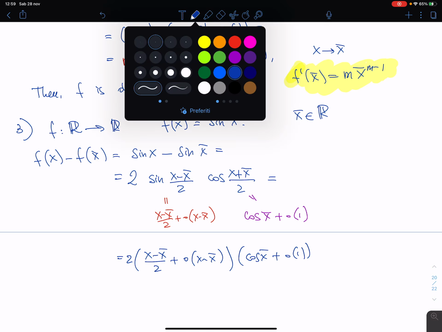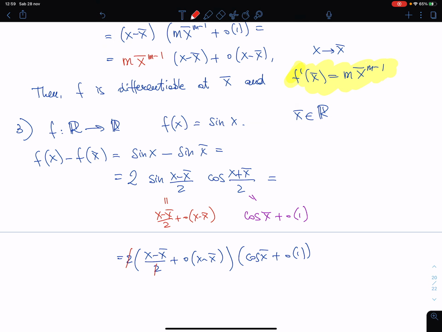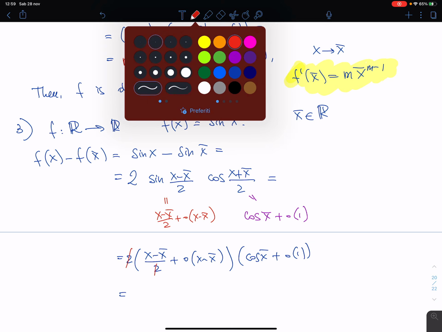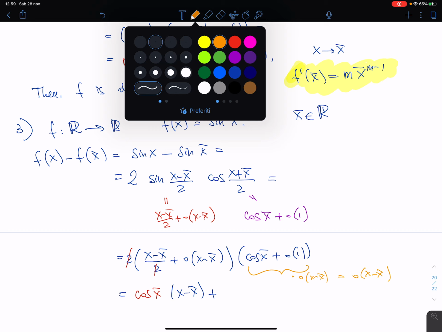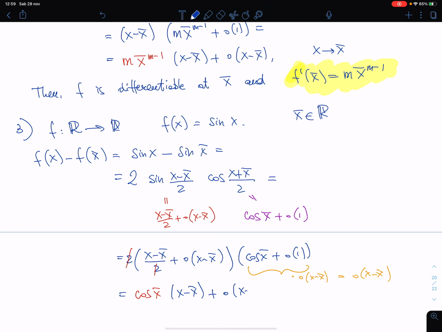Of course, this 2 factor goes away and it doesn't touch the little o, and so we have cosine of x bar that multiplies x minus x bar, plus, and here we have to multiply everything times o of x minus x bar, and this is again little o of x minus x bar. So this is plus little o of x minus x bar as x goes to x bar.